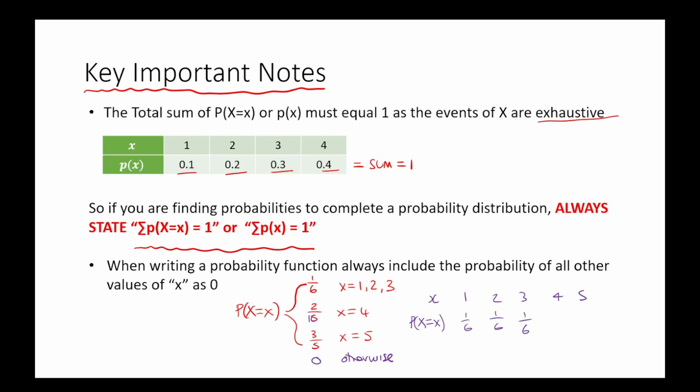So let me just change that to a 10, in which we've got 2/10 and 3/10 there, in which then for any other values of x, so if x equals 17, minus 4, 10 million, the probability would equal 0. So always make sure that whenever you're writing a probability function, you include this notation here in your diagram.